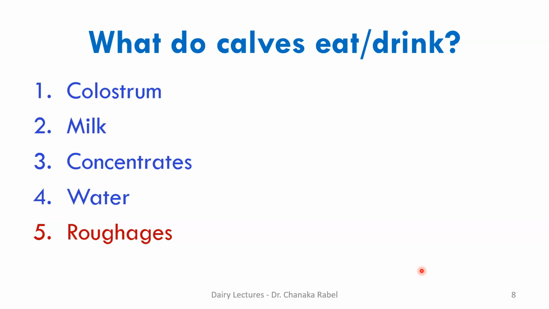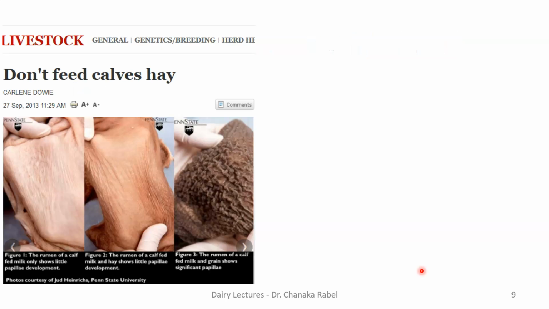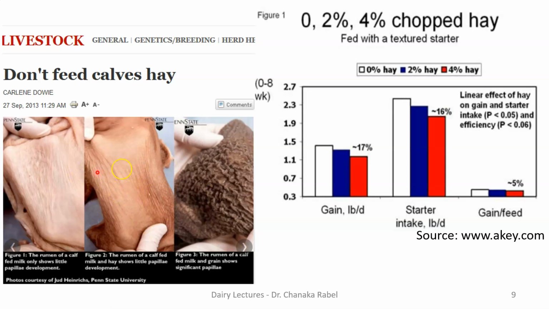Then what about roughages? Now, if you recall one of the previous lectures, we said you should not feed calves hay, right? We looked at this experiment from Pennsylvania State University where they gave milk only, milk and hay, and milk and grain or concentrates, and hay did not do any good to the rumen development.